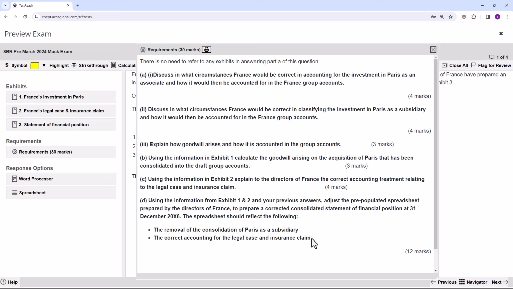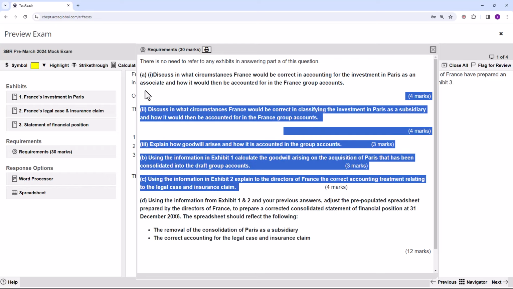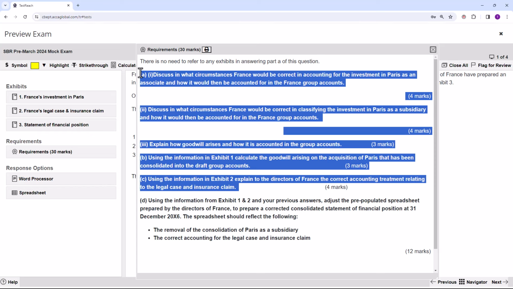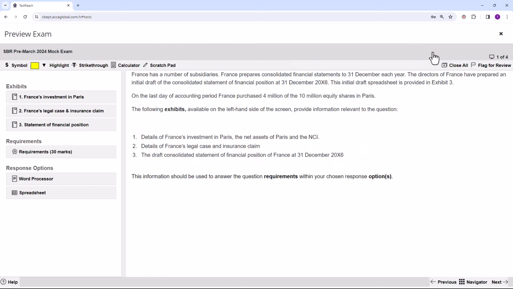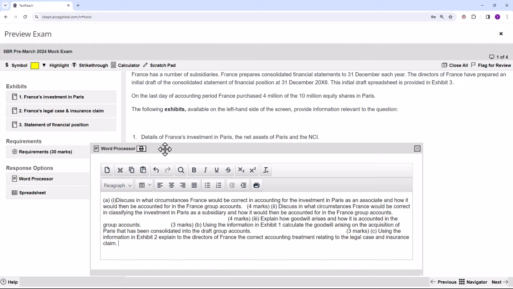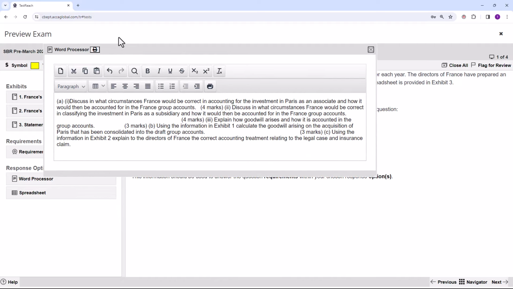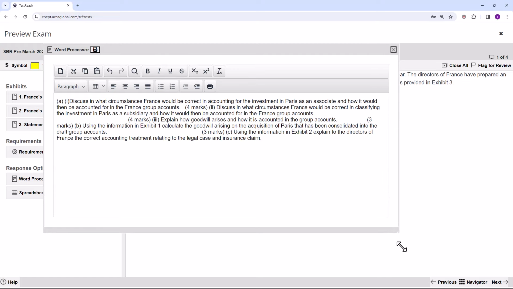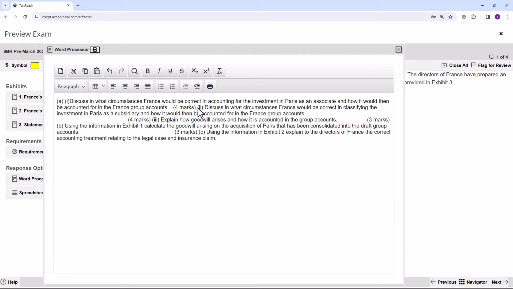What I want to do, therefore, is to crack on and, control, copy, paste, and have a look at part A of this question. So control, copy, paste, put that in my Word response area, and let me then spend a moment briefly reformatting. I don't have to read any of the exhibits at this stage. I'm doing what I'm told, and I'm just reformatting briefly.